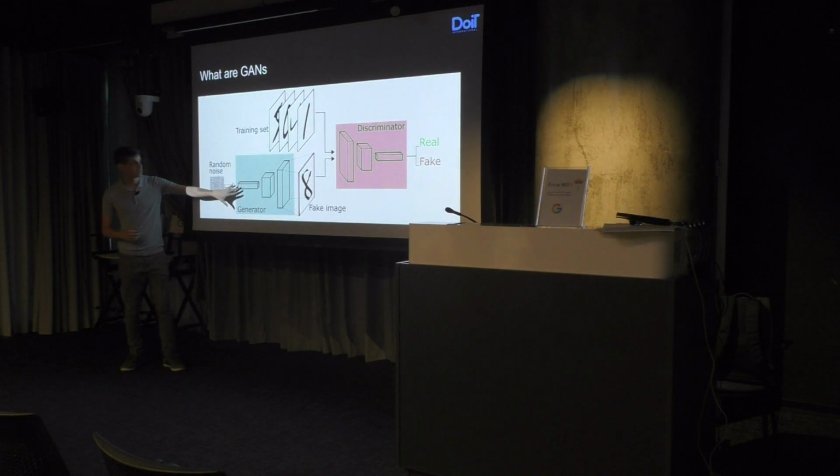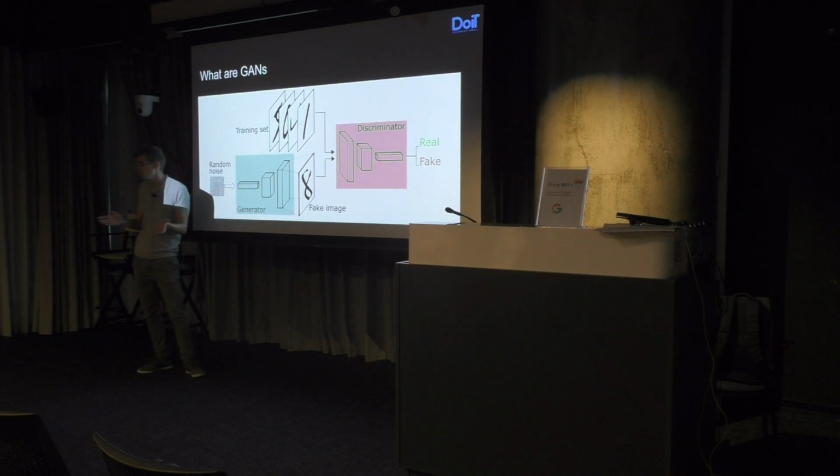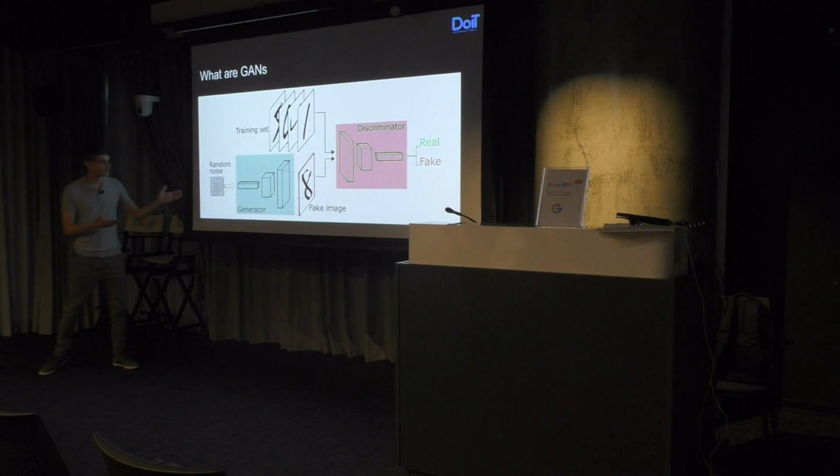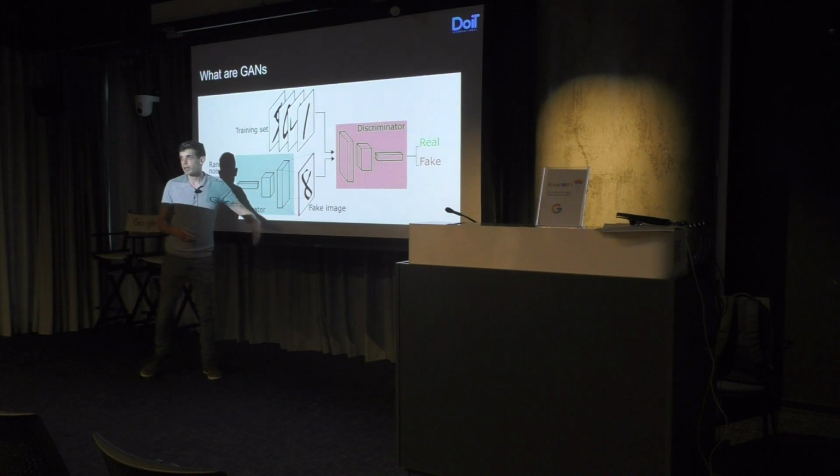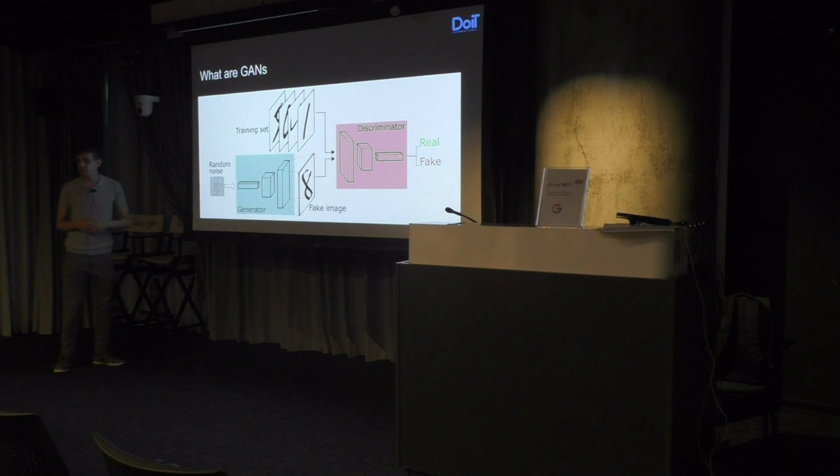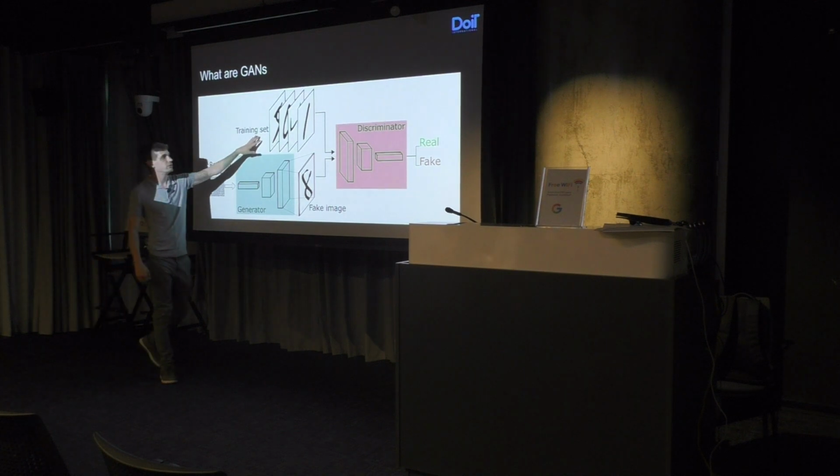The generator has a very specific role. It has to take noise and output images, since we're mainly talking about images. Let's say I have the MNIST data set, so I have this training set of images.